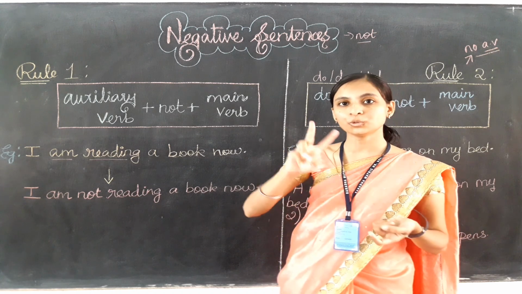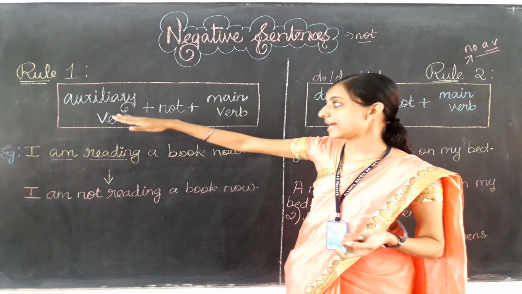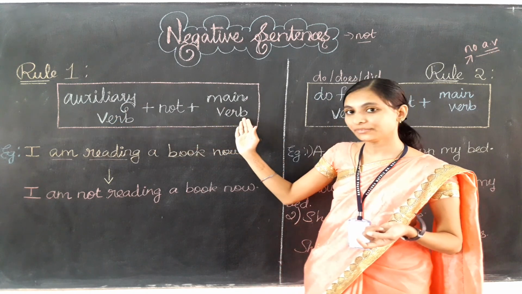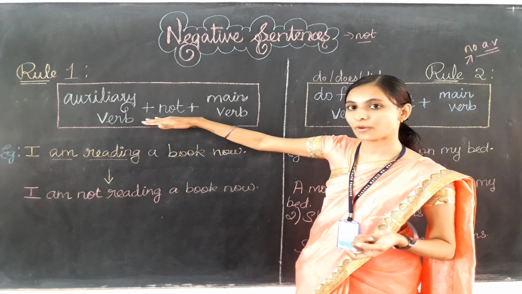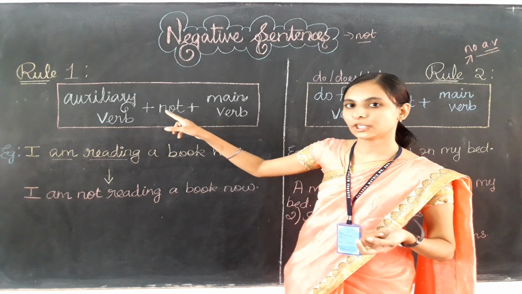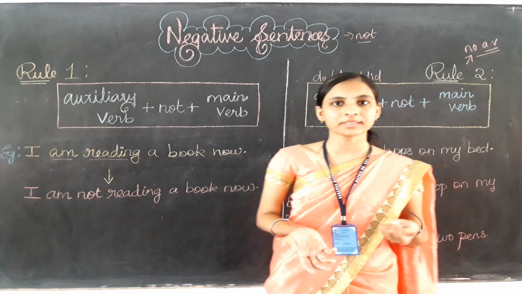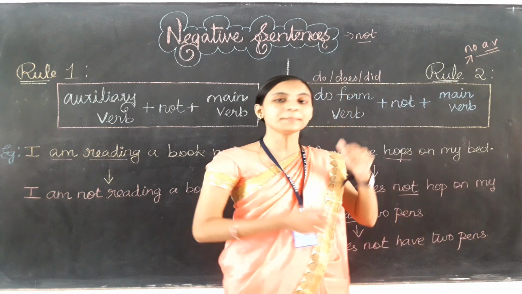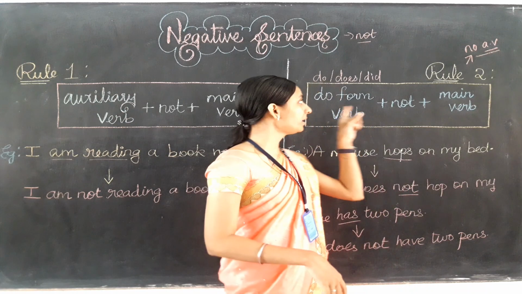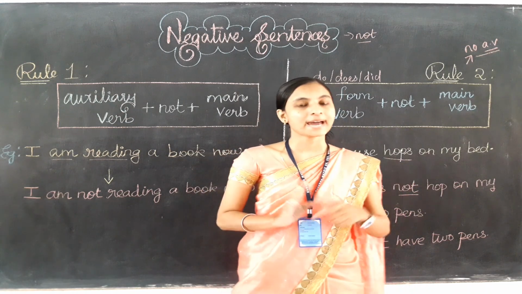There will be two rules. If a sentence has an auxiliary verb and also a main verb, we need to apply this formula: in between the auxiliary verb and the main verb we need to use not. And if a sentence doesn't come with an auxiliary verb, in place of the auxiliary verb we will use the do form verb. Okay, then all other things will come as it is.